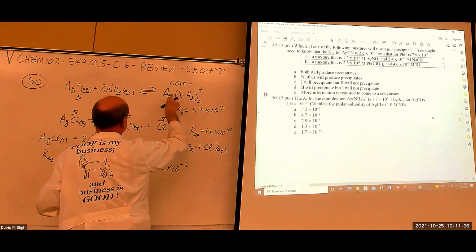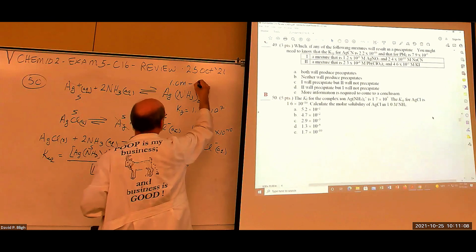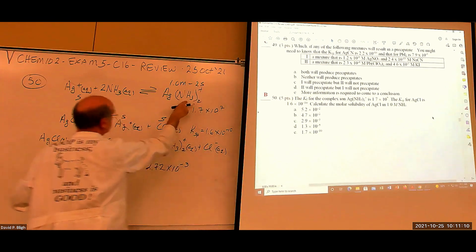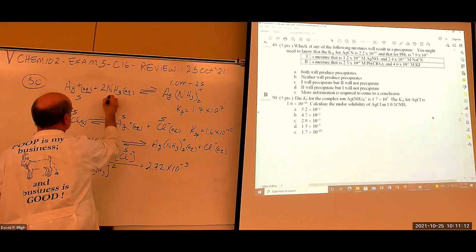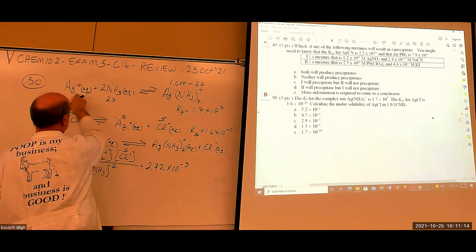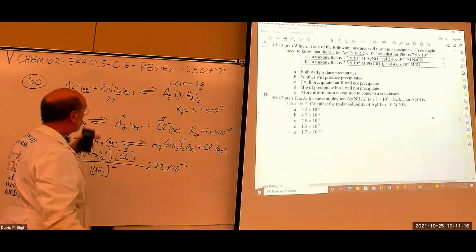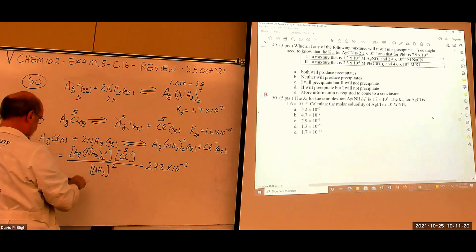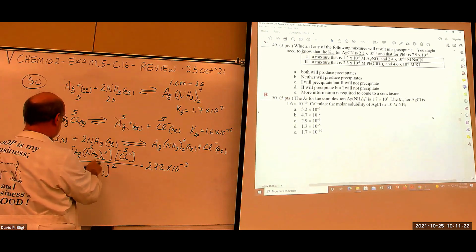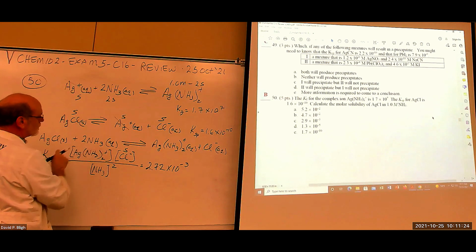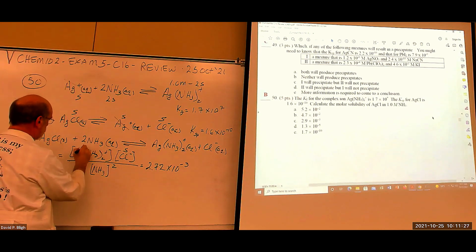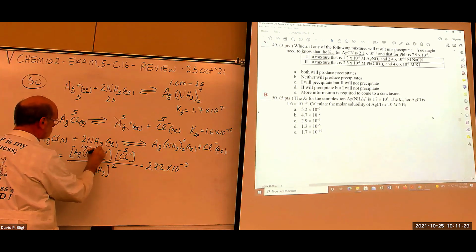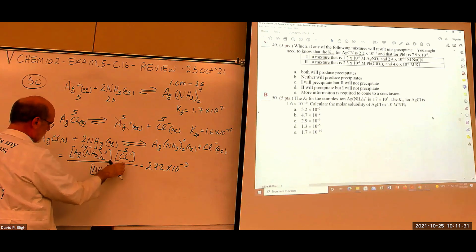It's going to be minus 2S. That's what's left over because we're using 2 of them. For every one of these, you need 2 of those. So that's our equilibrium position. Let's see, that's not S. That's 1 minus 2S. This is S.